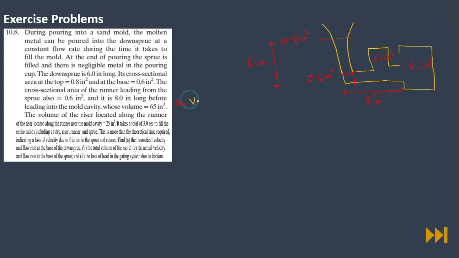That was V equals the square root of 2gh, and it makes 2 into 32.2 feet per second squared, into 12 to convert it to inches, into the height, which is 6 inches for the sprue, under root. If we calculate it, we will get the answer. It equals 68.1 inches per second. That is our flow velocity.